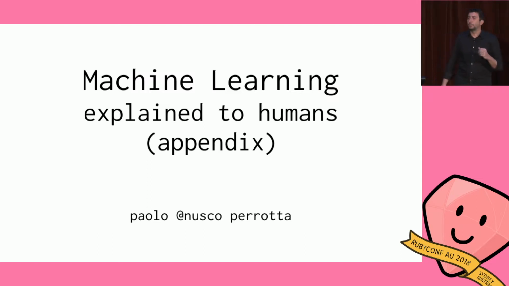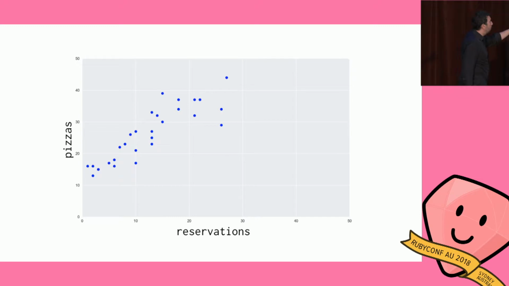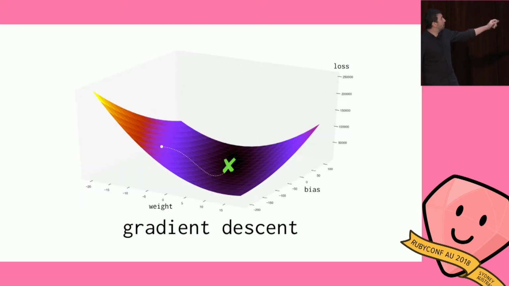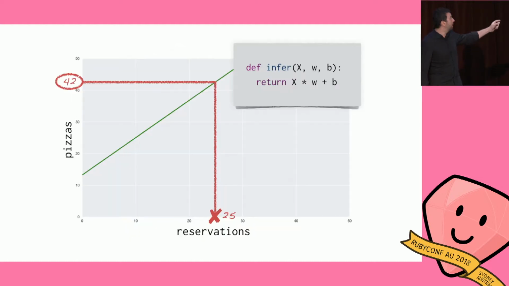Linear regression, all very cool, but how does this relate to the really cool stuff like computer vision, for example? To recap briefly, we saw how you have a bunch of data, you can approximate data with a line, and that's called training. You find the line through an algorithm called gradient descent, and then you use that line to infer data in the future.